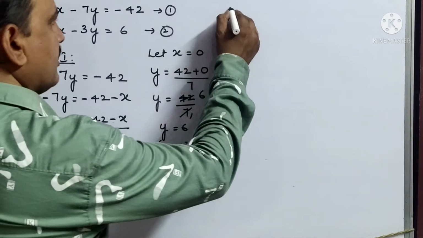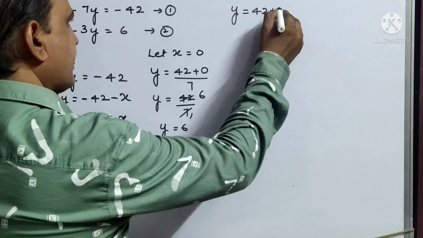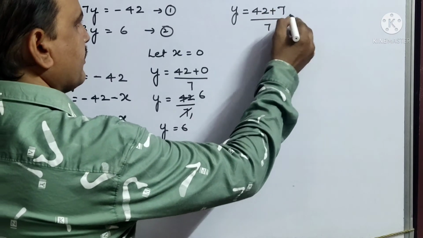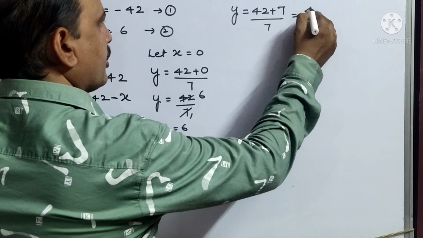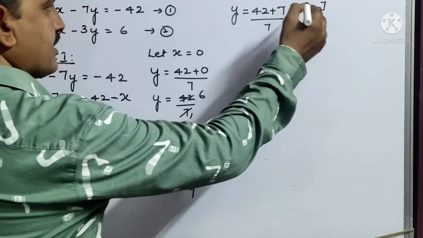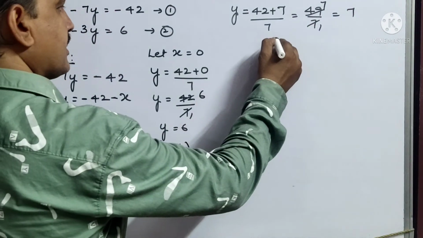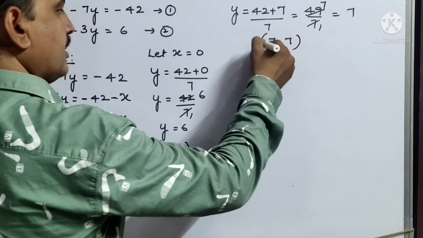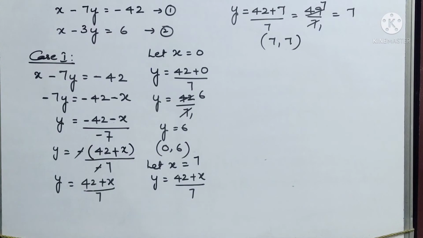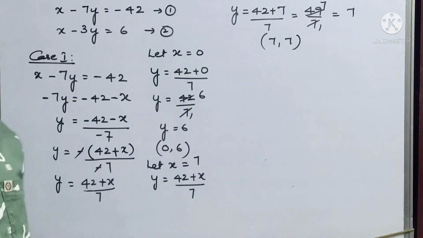That means y equals to 42 plus 7 by 7. That equals to 49 by 7. So 7 ones, 7 sevens. So y equals to 7. That means 7, 7 is another point. Okay, that is another coordinates you got 7, 7.